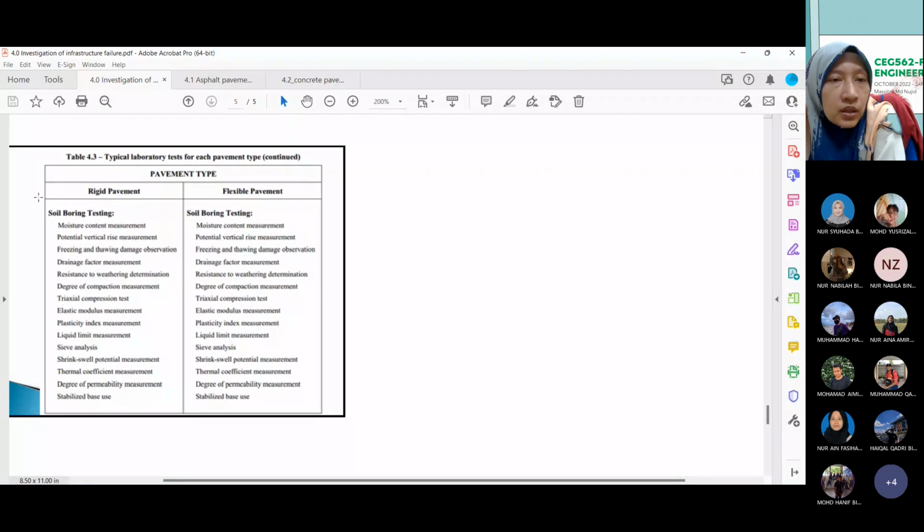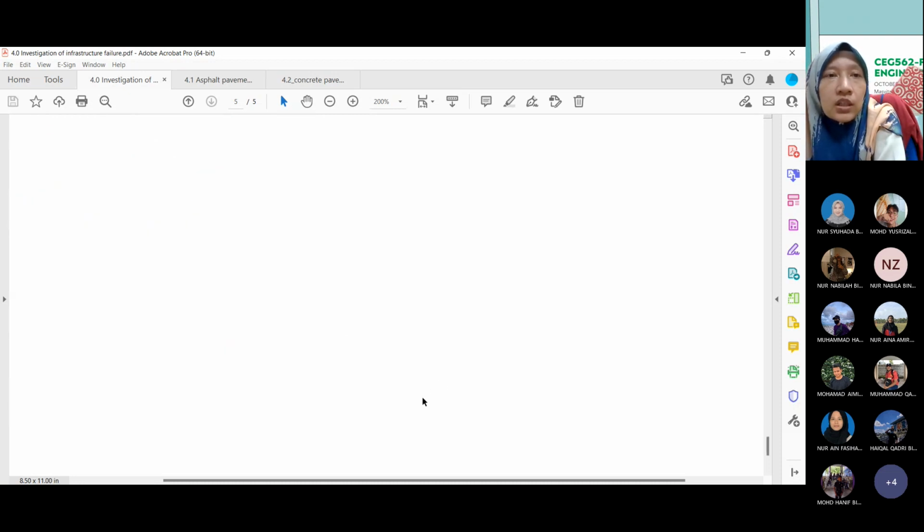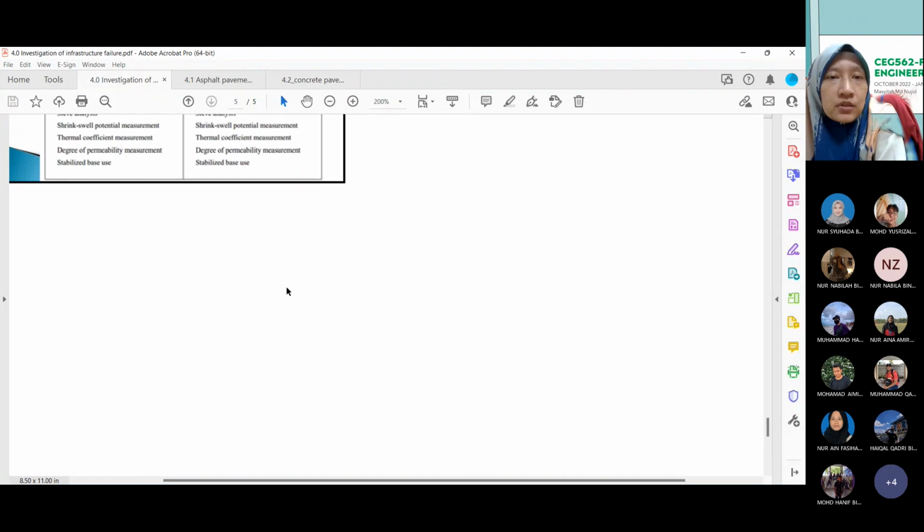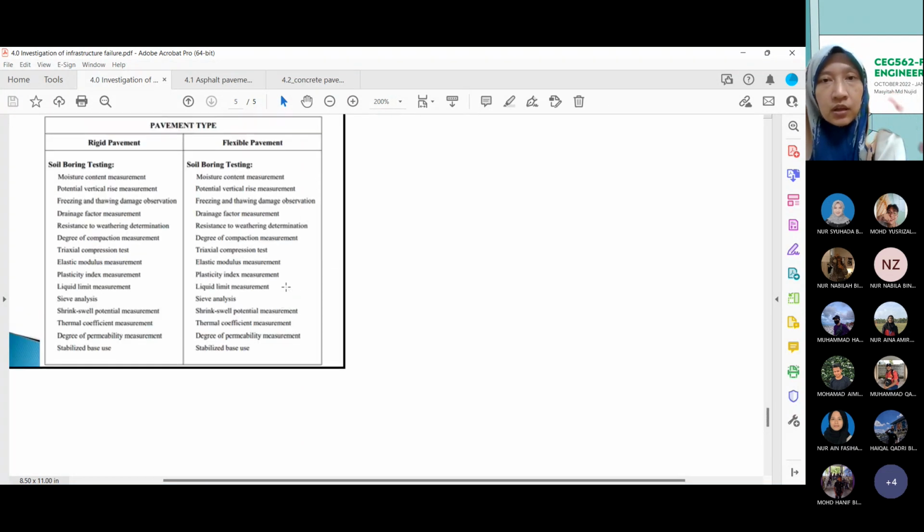The core sample you bring to the lab and then determine some parameters on the soil itself and also the pavement parameters.